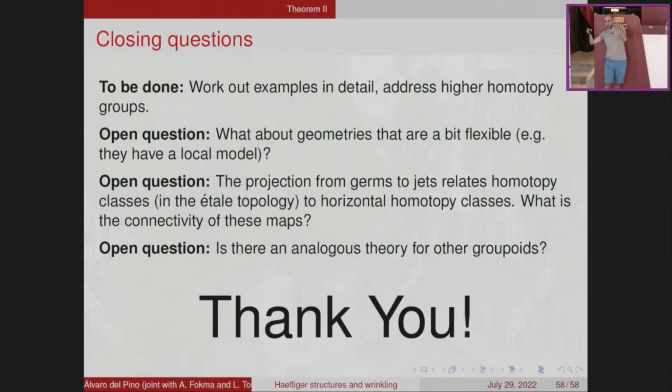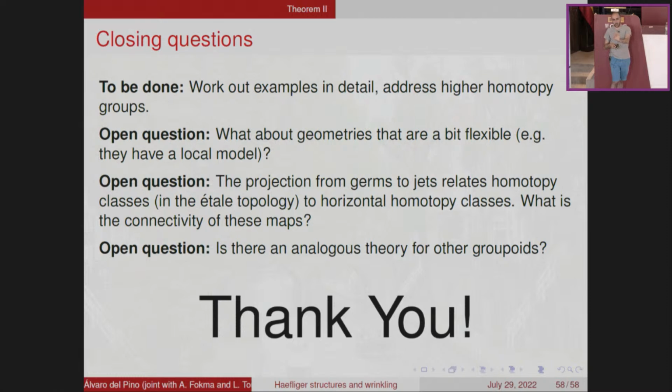And I think that should work the same, but we haven't really thought about it. A question that I think is very intriguing is that our argument uses very strongly that you don't have a local model for the geometry. That's really crucial.